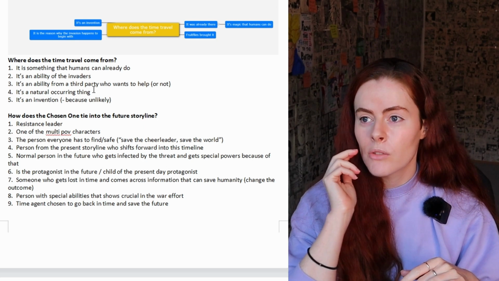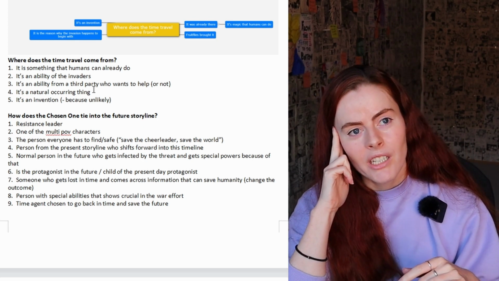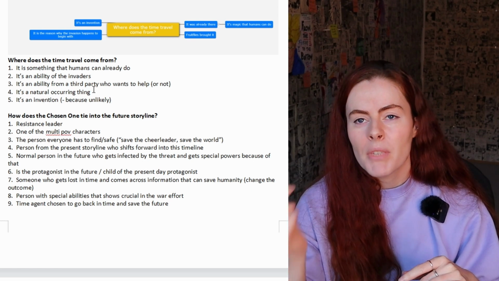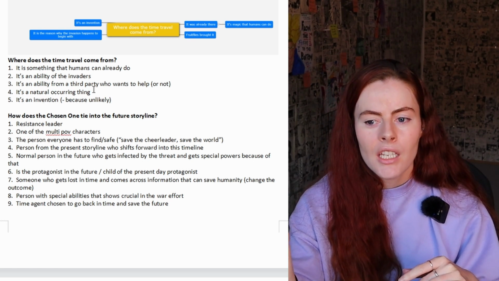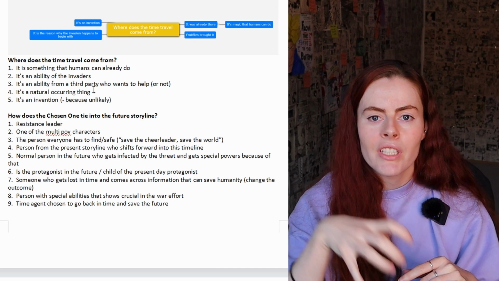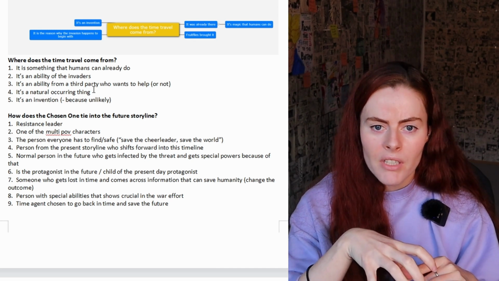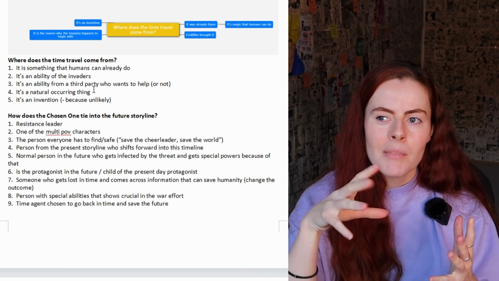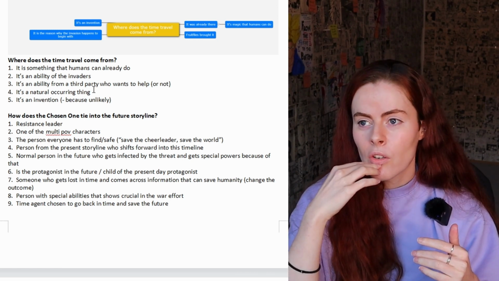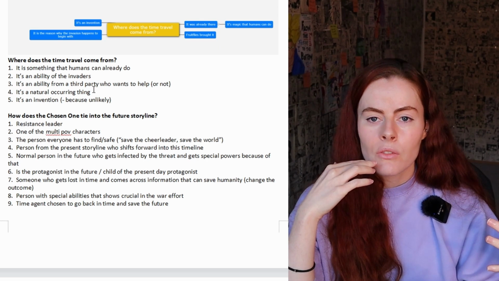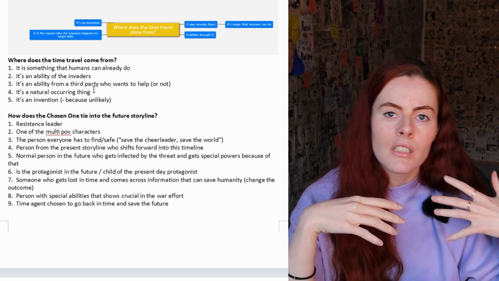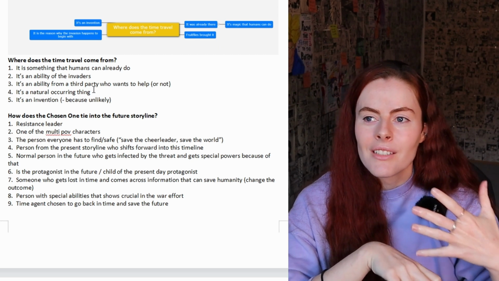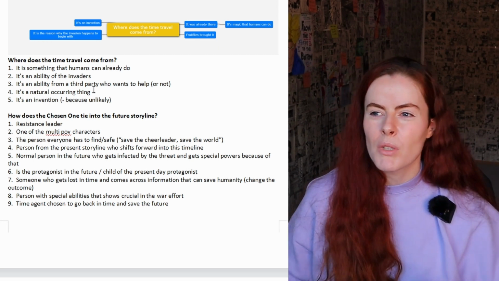That means it has to be attached to a person. And the idea would be that they go into a different world and come across some method that gives specific individuals the ability to time travel, not everyone. There, the limit could already be that you need someone in the present storyline who is at the right age. So everybody in the future storyline who's below, what was the time difference?